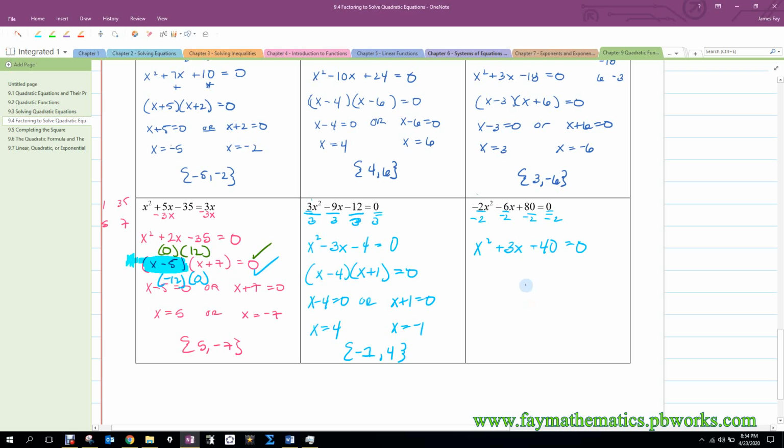Now we're thinking about two numbers that multiply together to give me negative 40, but add up to give me positive 3.